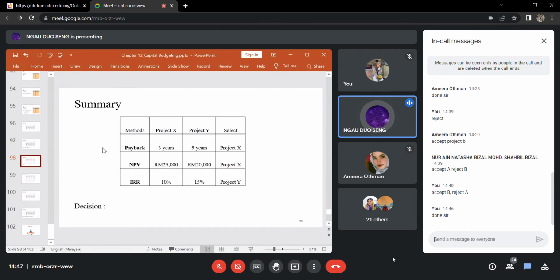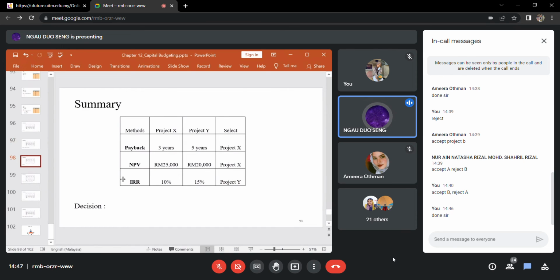Right, what happens if, for example, project X and project Y? So for payback period, X is chosen because it is shorter, 3 years. So we choose X based on payback. Based on NPV, we will choose project X also, 25,000.